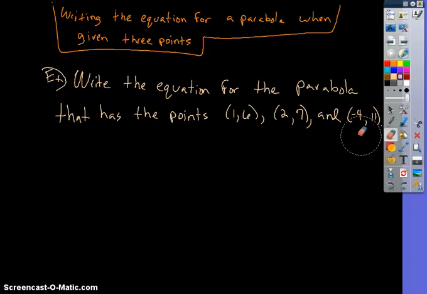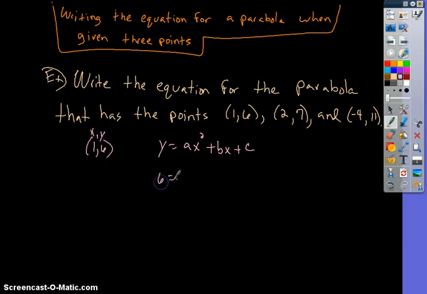So to actually do that, let's first think about the equation y equals ax squared plus bx plus c. If I chose point (1, 6), where this is x and this is y, I plug those numbers in and get 6 equals a times 1 squared plus b times 1 plus c.